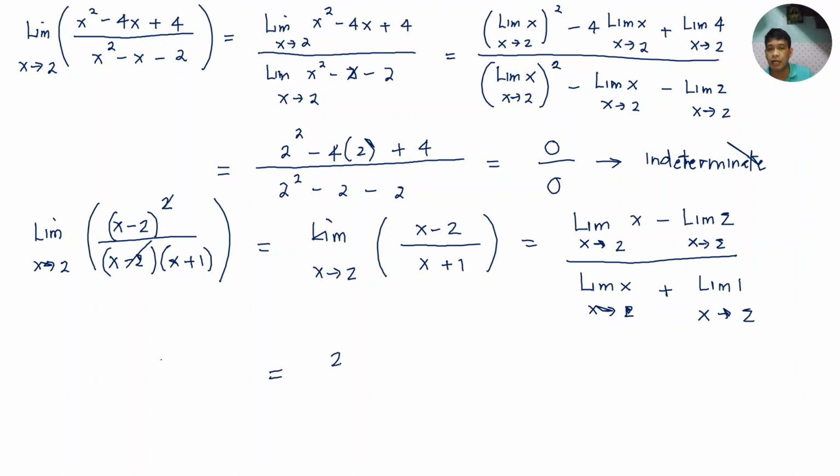Simplifying further, you have 2 minus 2 all over 2 plus 1. And this gives us 0 over 3. Then the limit it approaches is equal to 0.